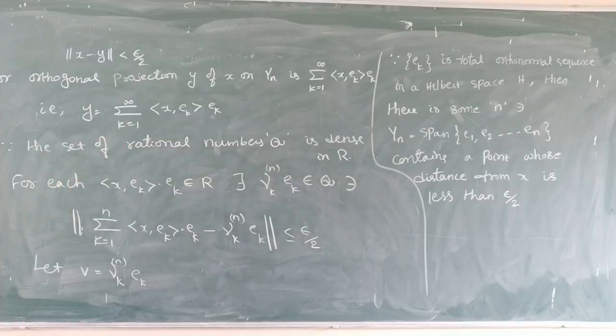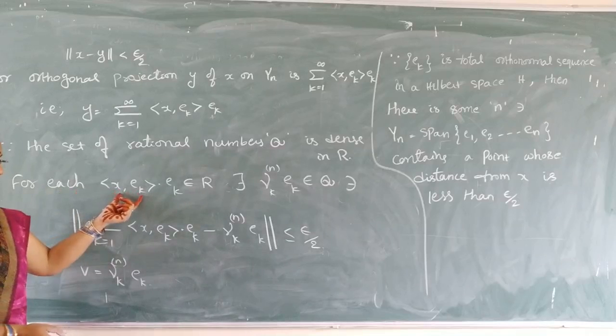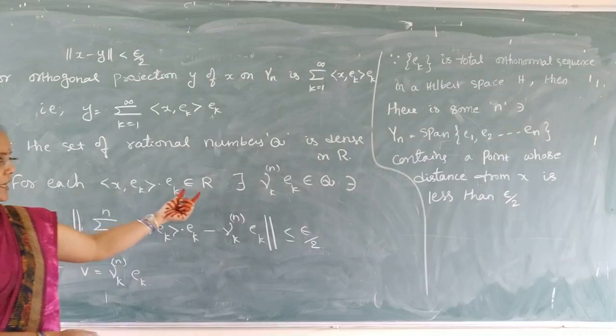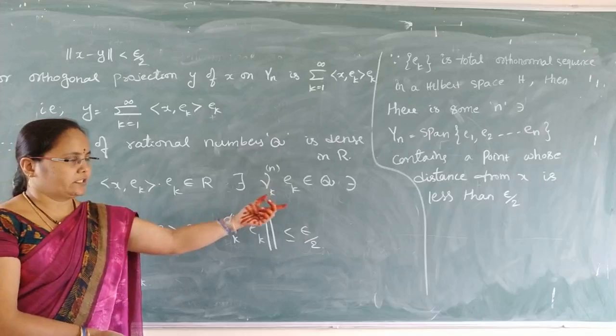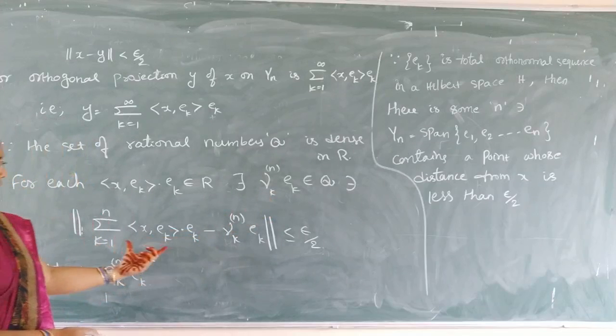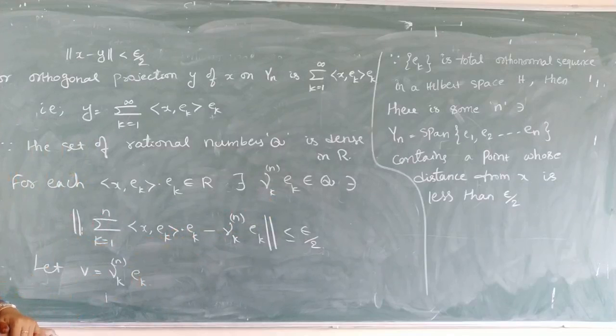Next, the set of rational numbers Q is always dense in R. Here the inner product x comma e_k is in R, so there exists an element in Q such that the distance between the two elements is less than epsilon by 2.